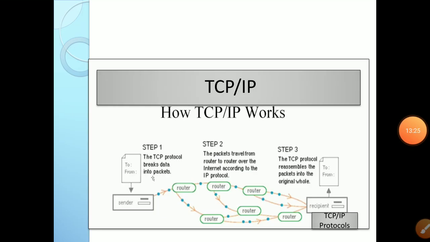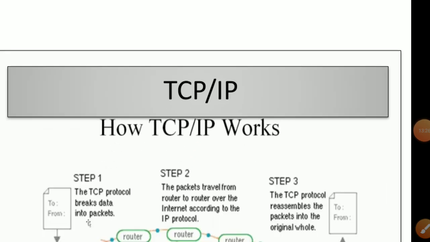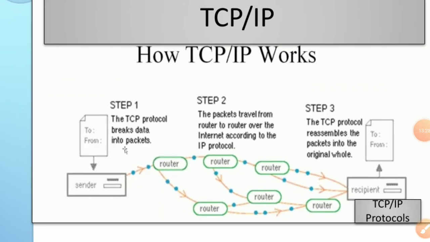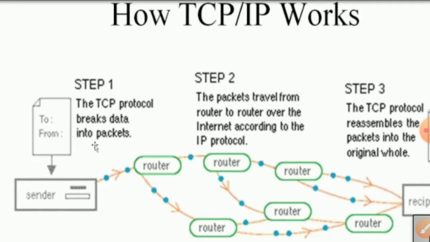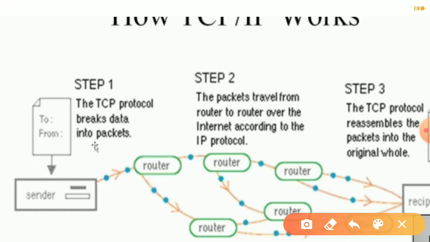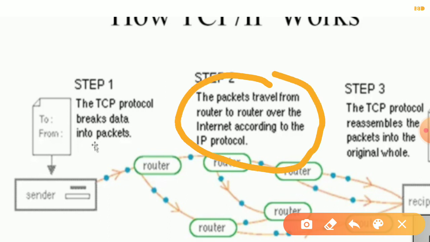So in this diagram I will explain how TCP/IP works. In step 1, if you observe, the TCP protocol breaks the data into packets. In step 2, the packets travel from router to router over the internet according to the Internet Protocol.